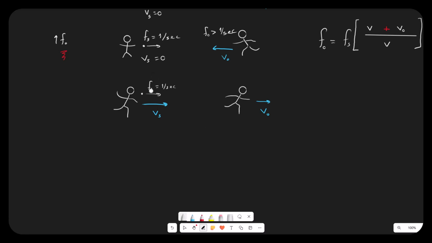Now, whether my observed frequency is greater than or less than 1 per second depends on these relative speeds. I'm going to start with my same equation, but now I get no zeros at all. V observer, V source.